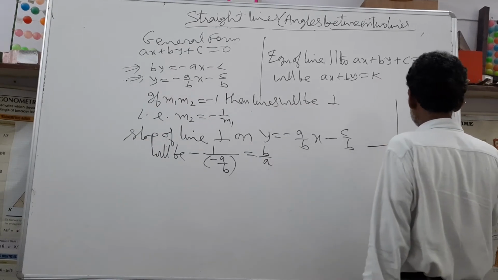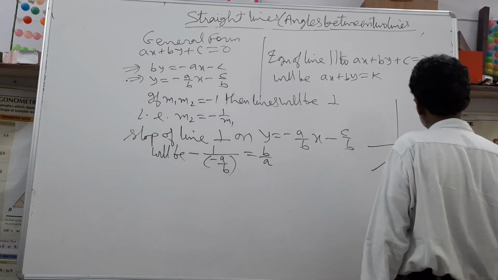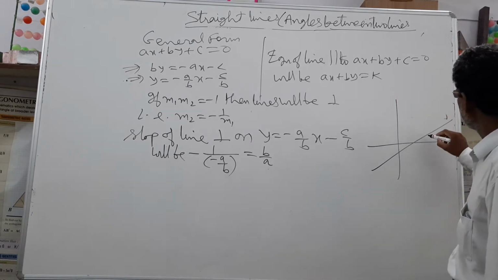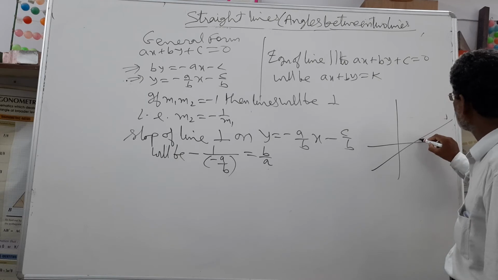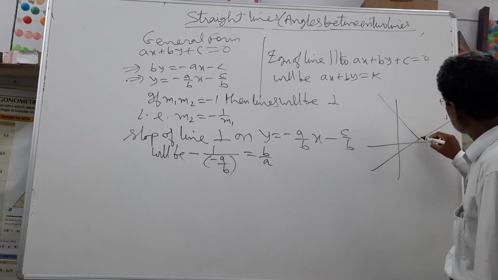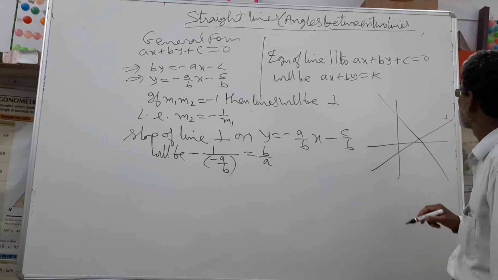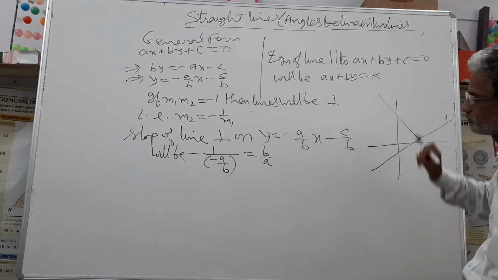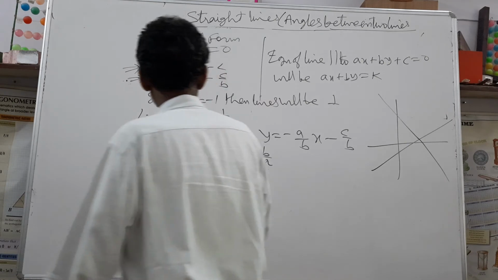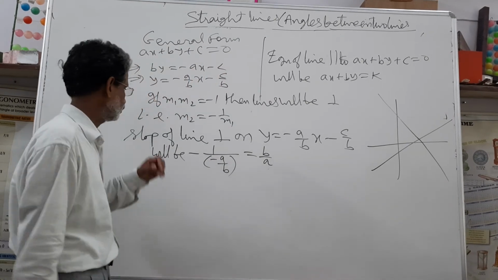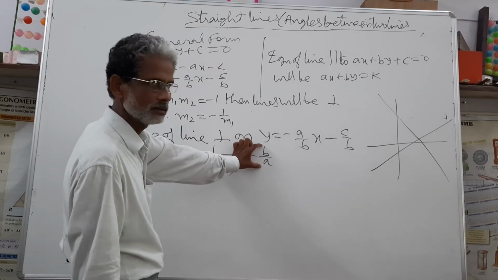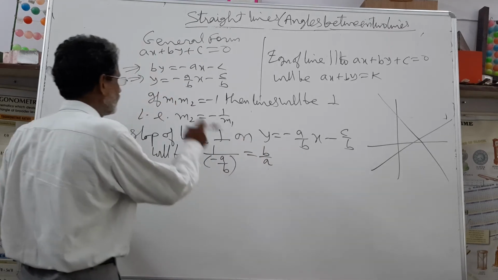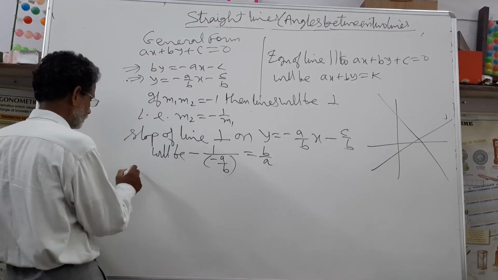From the figure you can see that if this is a line, then any line perpendicular to this line will be like this, whose c is different from the original line's c. The slope of the perpendicular line is obtained. Write down the equation in slope form.